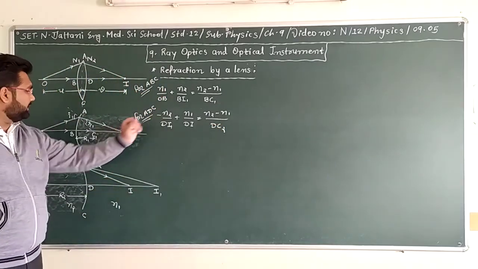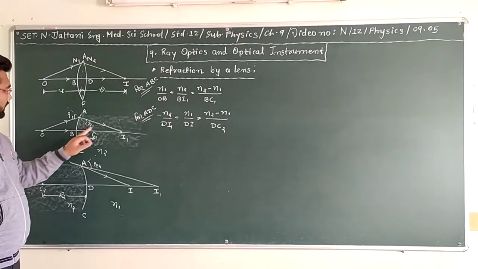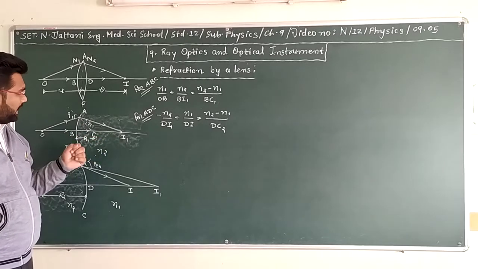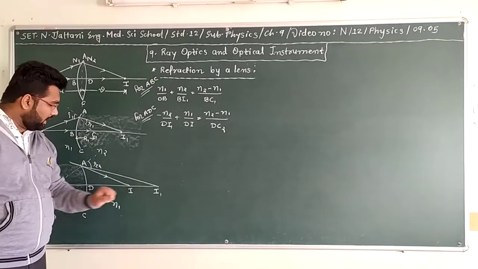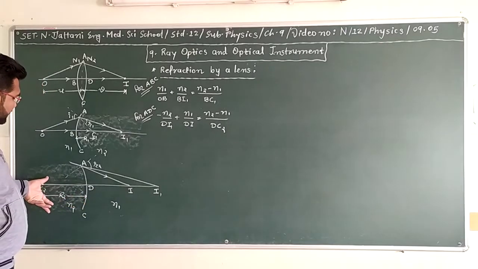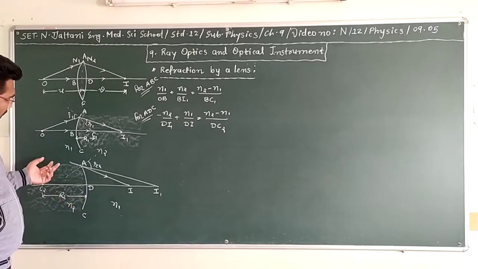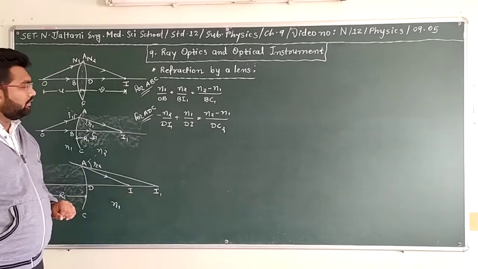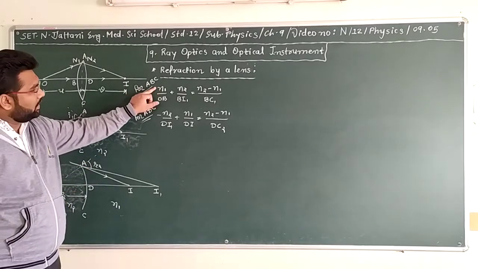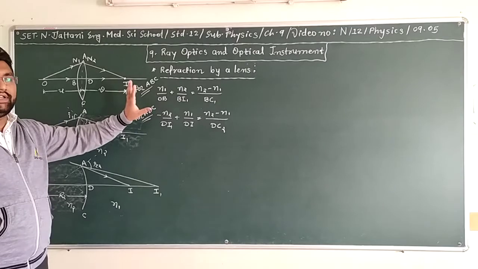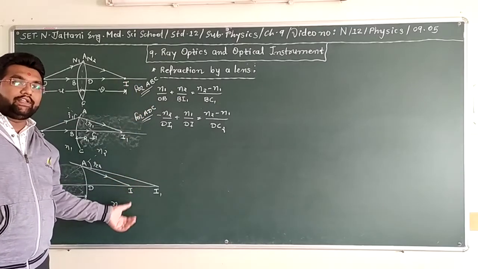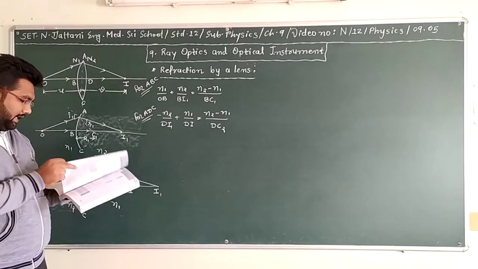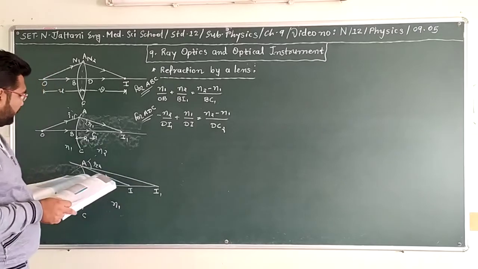Here we write minus n2 because we have the surface with n2. This is our object distance DI1. For this surface, from the right side our first medium is n1, and on the other side this is our n2.